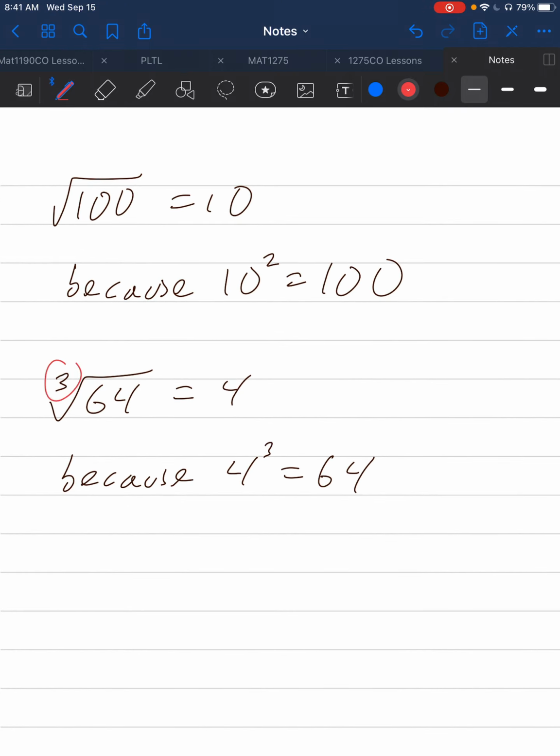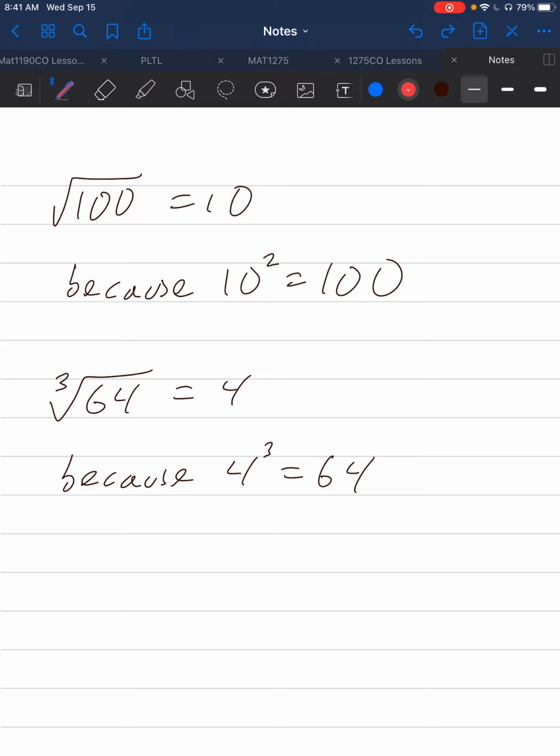You can have what's called a cube root, which means that what multiplied by itself 3 times is going to equal 64, and that's equal to 4. So 4 is the cube root of 64. 10 is the square root of 100.